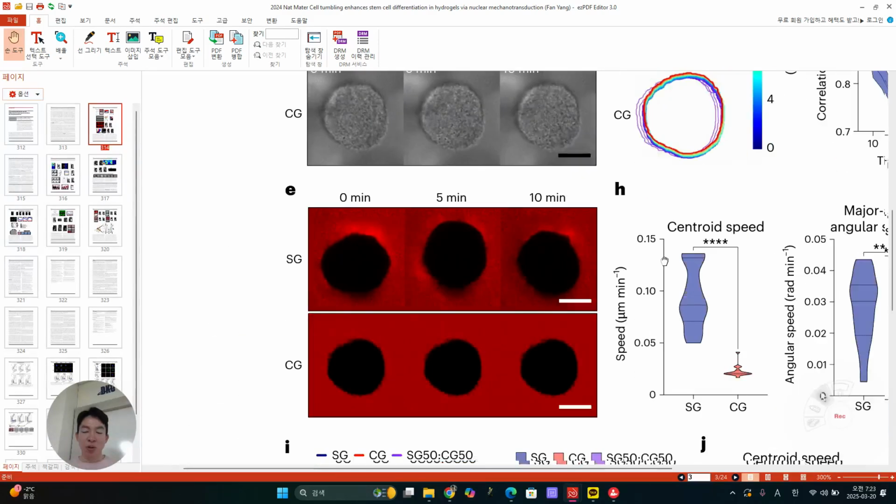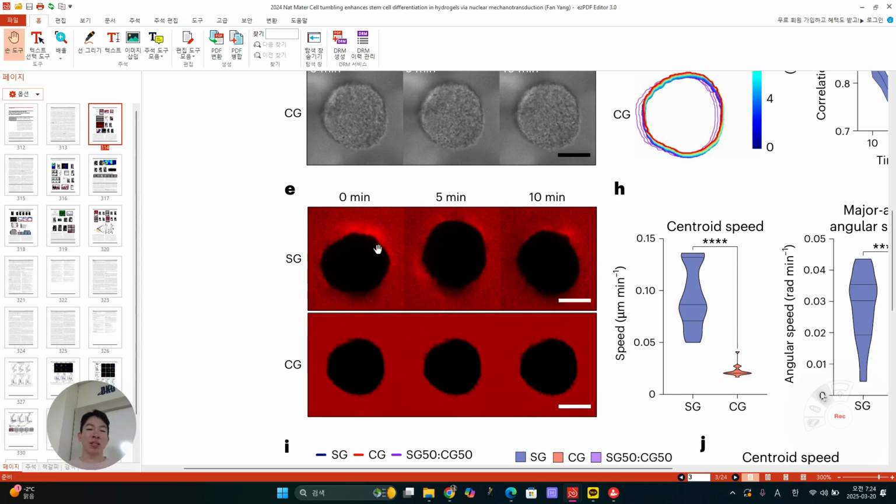So when you look at the ECM deformation, you stain the gel with red color, and then you track how this red ECM changes or not. In CG, you cannot see any big difference, but in SG, it is dense here, dim, dense, dim. Something happened, right?